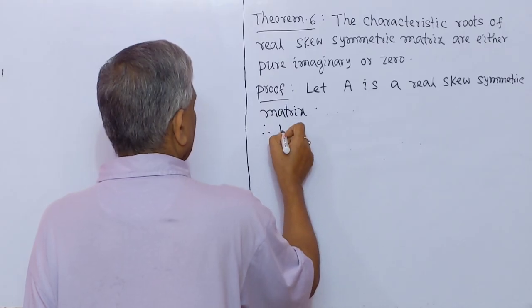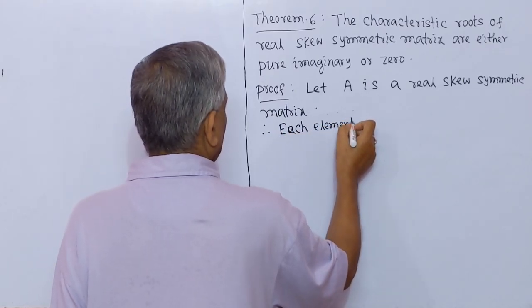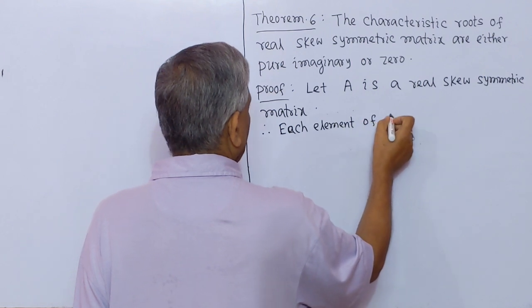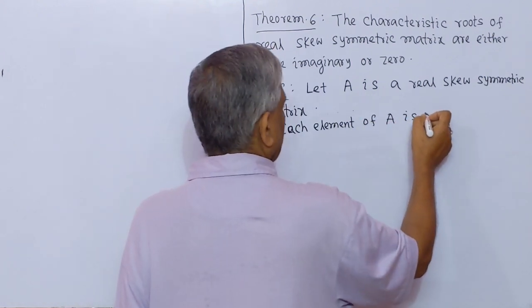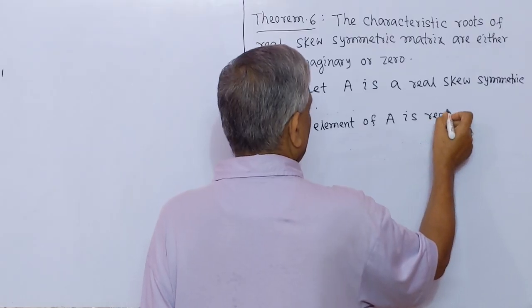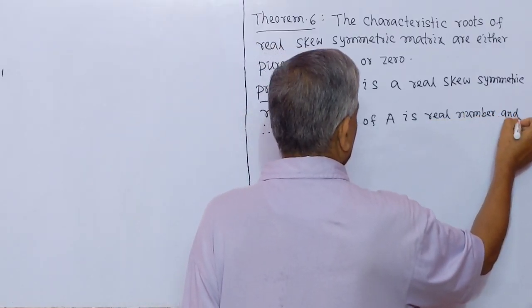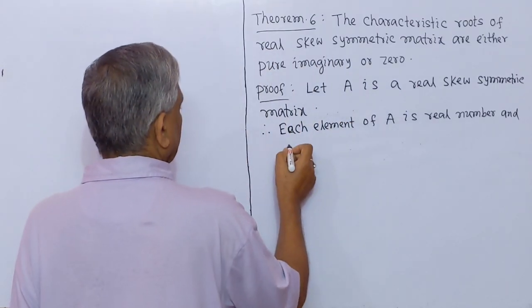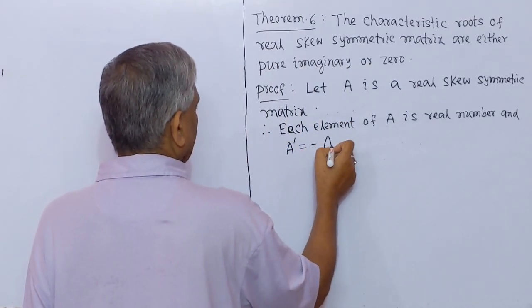Therefore, each element of A is a real number and the transpose of A = -A.